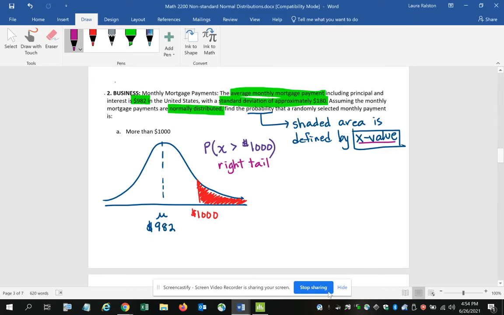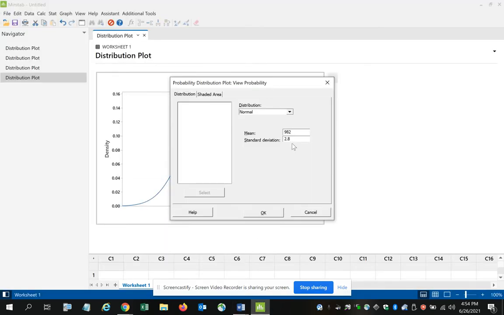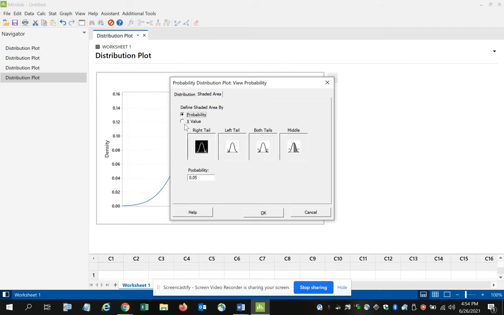I'm going to double check. The standard deviation is 180. That was given to me in the scenario. My shaded area is defined by an X value, is a right tail, and it was $1,000. I click OK.